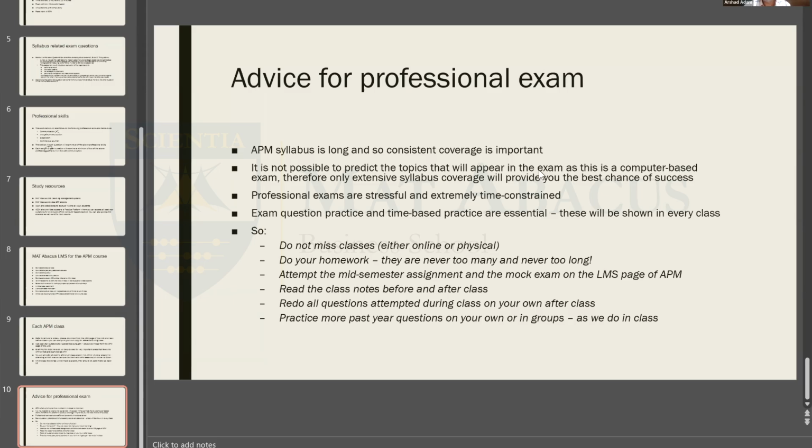So the only way to get through any ACCA exam now is to have a very good coverage of the syllabus and very good examination practice. So exam question practice, in addition, not just practice the question from the exam, but also practice it nearer to the exam. You practice based on time.